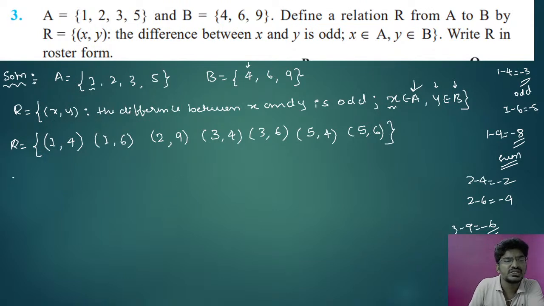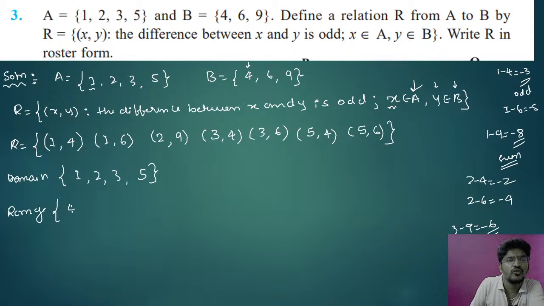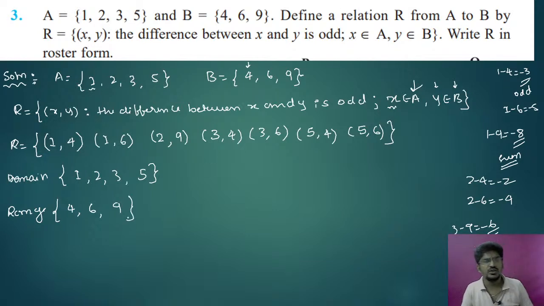So now you just see the domain. Domain is going to be equal to 1, 2, 3, 5. Range is going to be equal to 4, 6, 9. Okay. So domain is 1, 2, 3, 5.